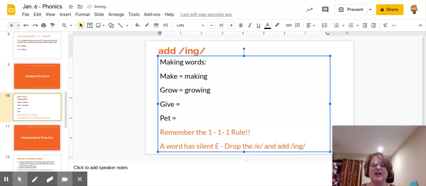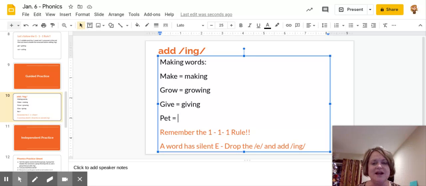All right, I look at this word, give. I see it has a silent E, so drop the E, add ing, G-I-V-I-N-G, giving. All right, let's go to pet. Okay, it doesn't have a silent E at the end, so let's do the 1-1-1. Is it one syllable? Pet, yes. Is there one vowel?